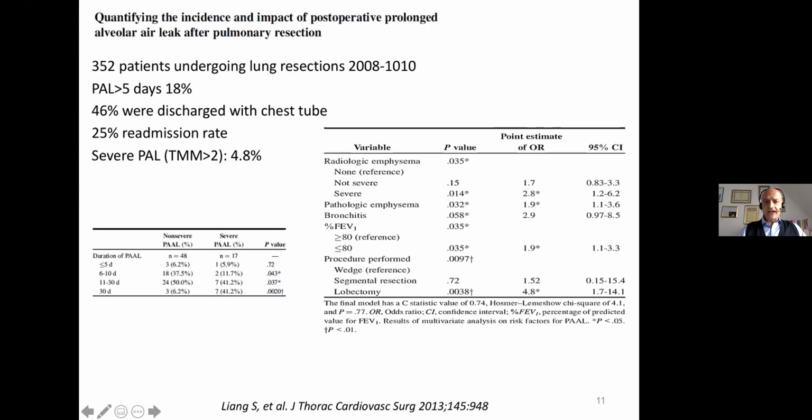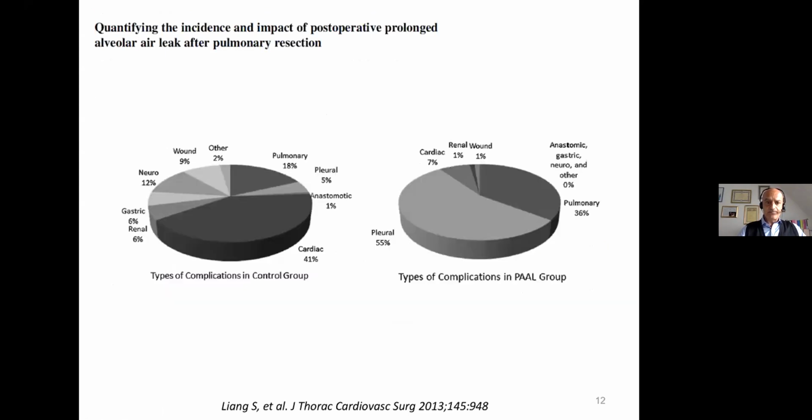The risk factors most commonly associated with prolonged air leak were the presence of radiological features or signs of emphysema, a reduced FEV1, and a lobectomy over a segmental resection.